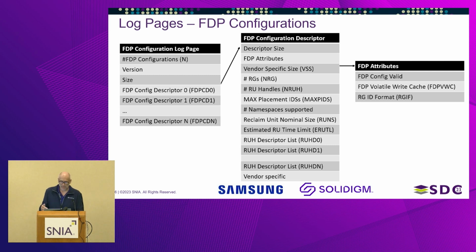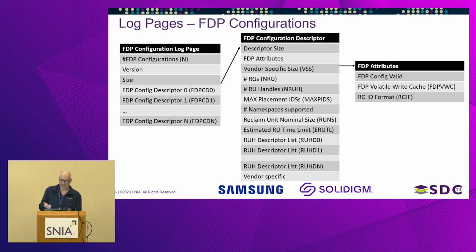There's also the maximum number of placement IDs, as I mentioned. The number of namespaces that we would support in that configuration. The reclaim unit nominal size, if there is a variable size potentially. The reclaim unit time limit. So a reclaim unit has to be closed after a particular period of time.